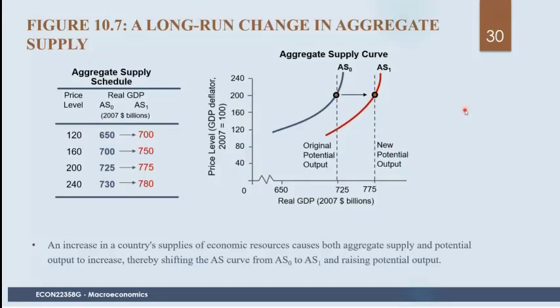You could think of better education of the population, some innovations in technology that allow us to produce stuff with less labor. These types of things would shift the potential output to the right. And so it would also shift the aggregate supply curve to the right as well.